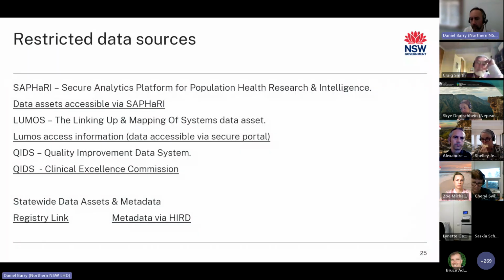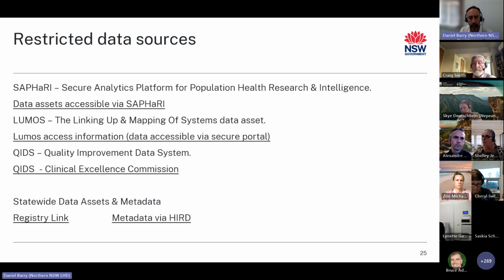The last couple of links on this slide are for the statewide data asset register and for the health information resources directory. Those two sites are the most comprehensive collections of information about data within New South Wales Health.